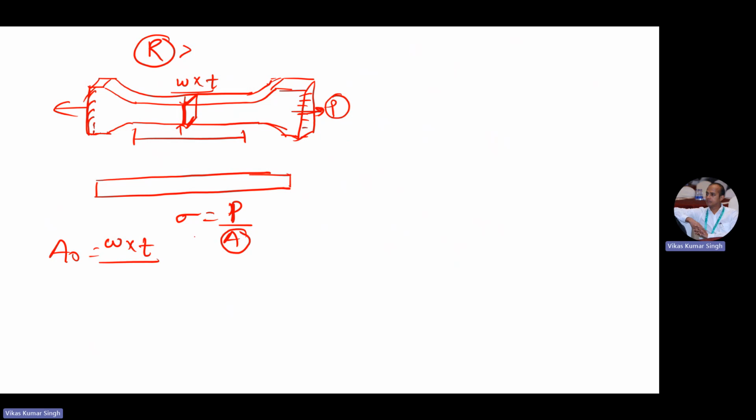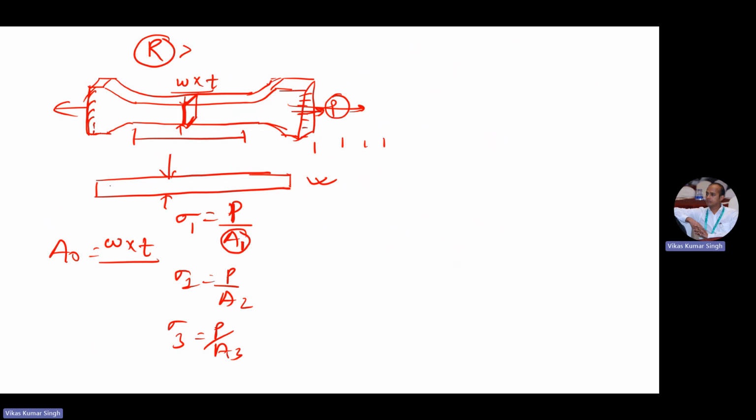Suppose the cross-section is moving in this direction, sigma 2 will be P by A2, sigma 3 will be P by A3, like this. Area will change, and the change in area depends on how much length is increasing; to compensate the length increment, the width will decrease.